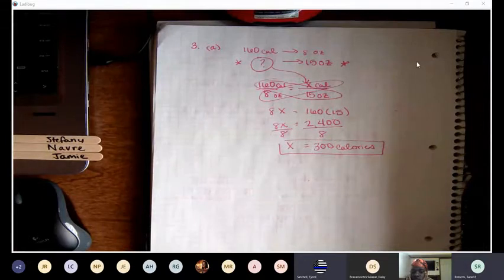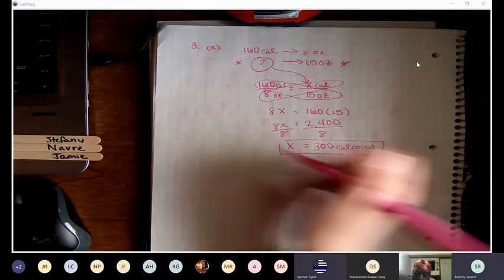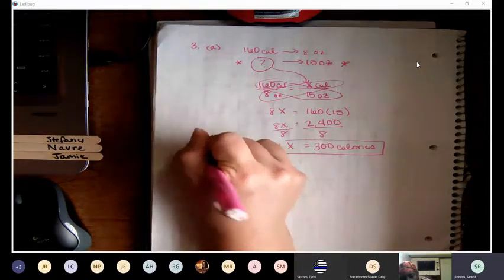I found how many calories are in 1 ounce first, and then times that just by 15. Okay. I feel like doing it like number 2. I feel like they're kind of the same. Yeah, they are the same. Yeah, I like number 1 better. Okay, cool.